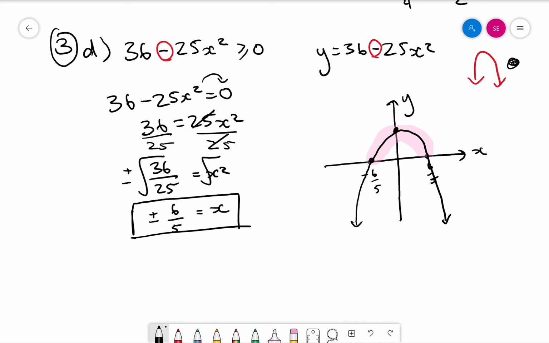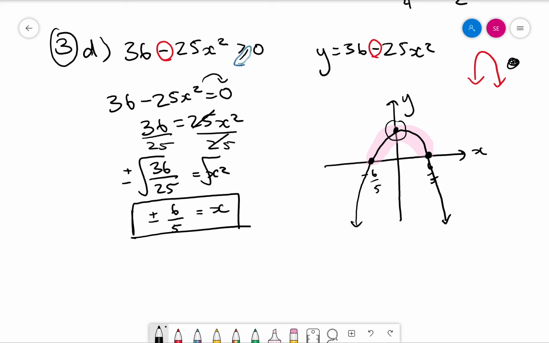And remember, it includes the x-intercepts as well, because it includes this down here. So we can check our answer. A good one to check would be the axis of symmetry, which is x is equal to 0.